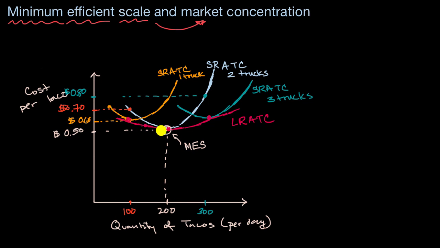And one way to think about it is, this is the minimum scale at which an operation needs to run in order to be very competitive, in order to be truly efficient out there in the market. Because you can imagine if some operators are able to achieve minimum efficient scale of, let's say, 200 tacos a day, while others are not. Let's say they're only able to stay at 100 tacos per day.